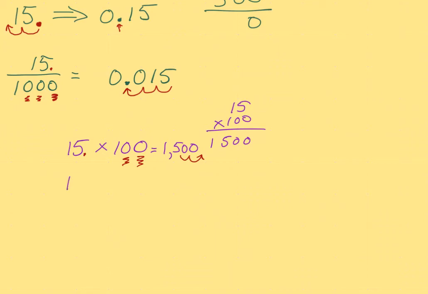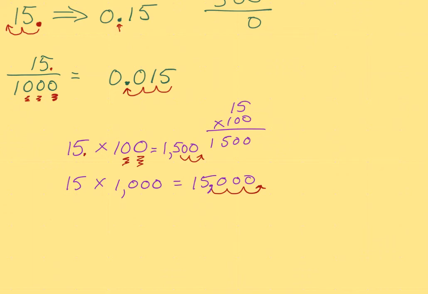If we multiplied 15 by 1,000, which has 3 zeros, we would be moving the decimal point 3 places. So we would wind up with 15,000, which makes sense. Okay, but what if we started with a different number?